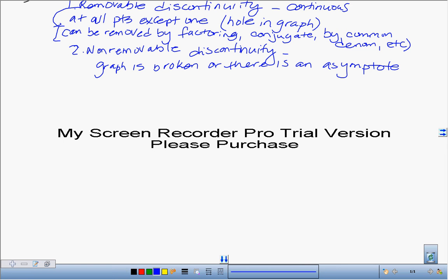If yes, so if you're able to manipulate it, then the function has removable. If no, then the function has non-removable.